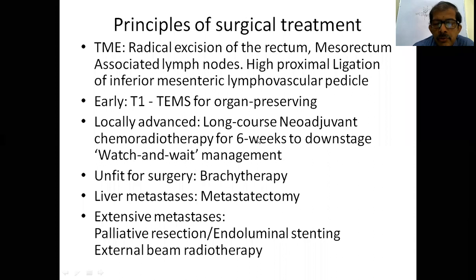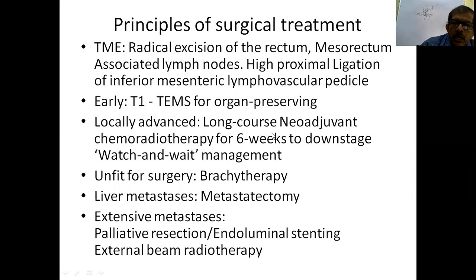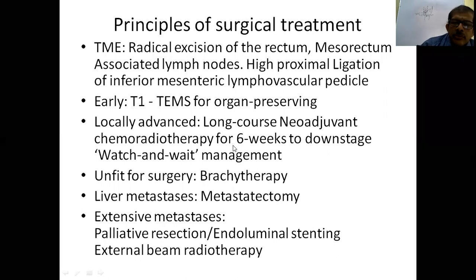You have to give it for 6 weeks. Then you will achieve what is called downstaging. Earlier T3 lesion may go to T2 lesion. That means you are sterilizing the tumor from cancer cells. So downstage it. So watch and wait management. You have to be patient here. Then after again 1 month you can do surgery.